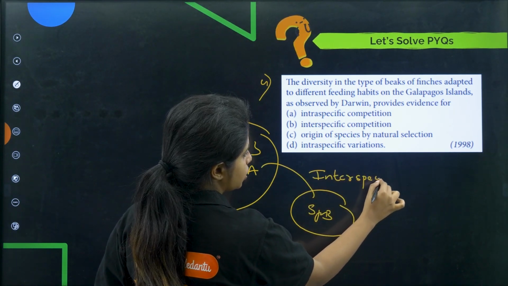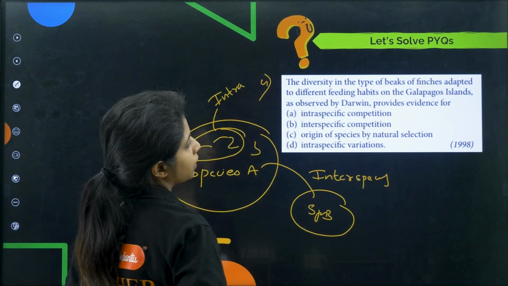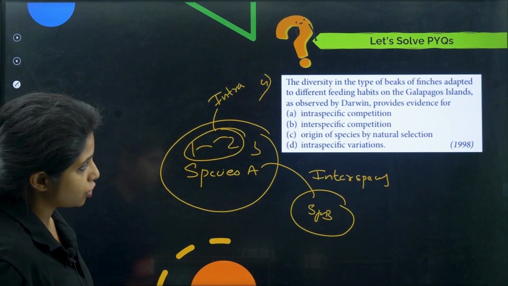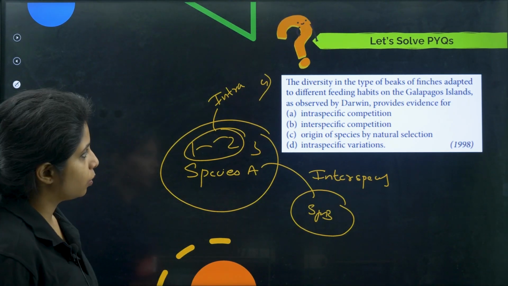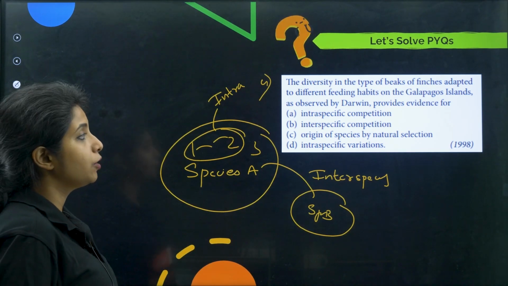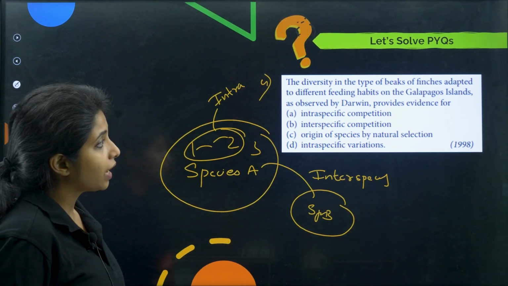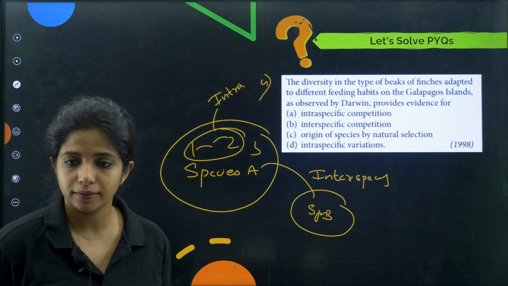This is interspecific and this is intraspecific. Now origin of species by natural selection, intraspecific variation. So again, this is a tricky question, try to find the answer. Diversity in the type of beaks of finches adapted to different feeding habits on the Galapagos Islands as observed by Darwin provides evidence for what?